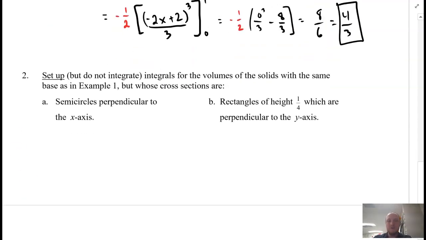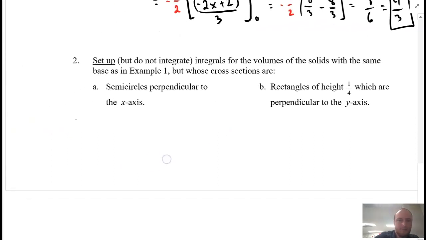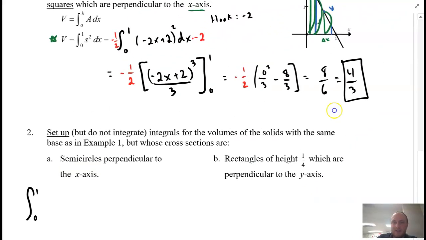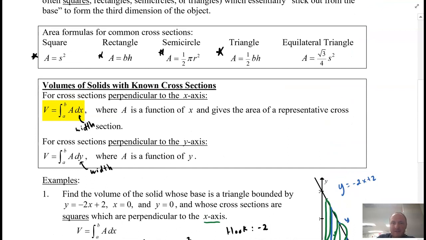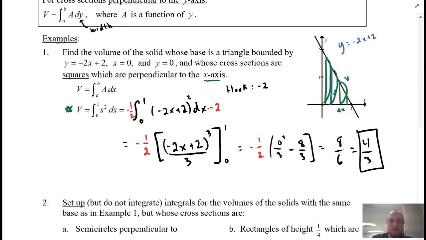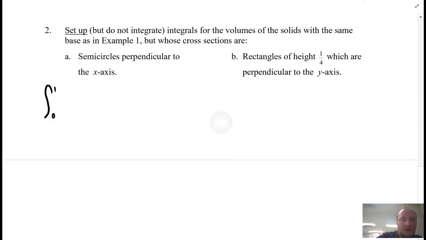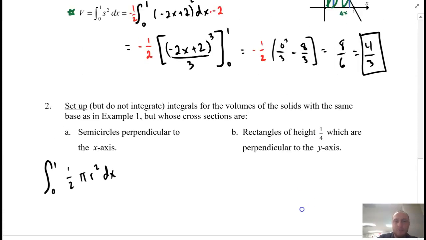So what I want to do is integrate from 0 to 1 of this distance, so I need to represent that value. Well, the area of a semicircle, and they give it to us, is 1/2 pi r squared. And I want to integrate with respect to x.